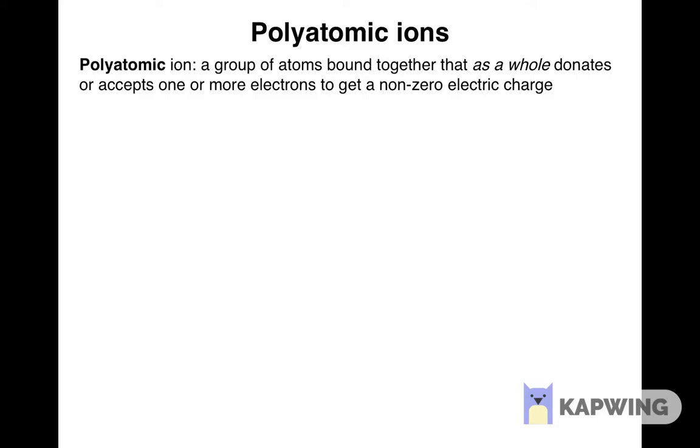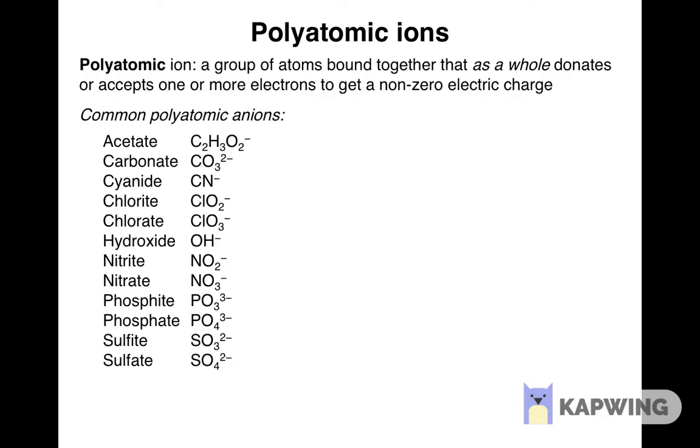We will talk about why and how polyatomic ions are formed a bit later in the course. For now, please remember the chemical formula, names, and charges for the following common polyatomic anions. Acetate, C2H3O2-. Carbonate, CO3 2-. Cyanide, CN-. Chlorite, ClO2-.